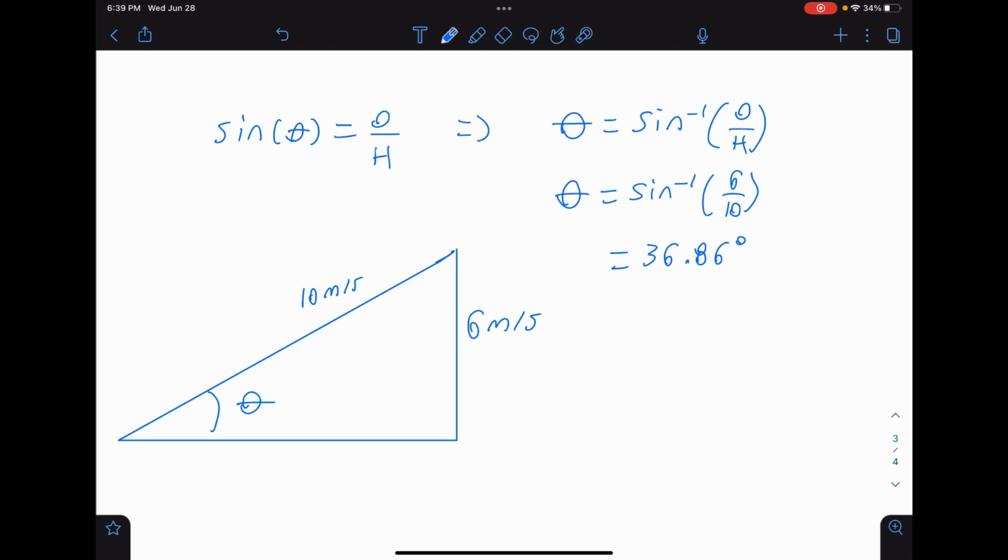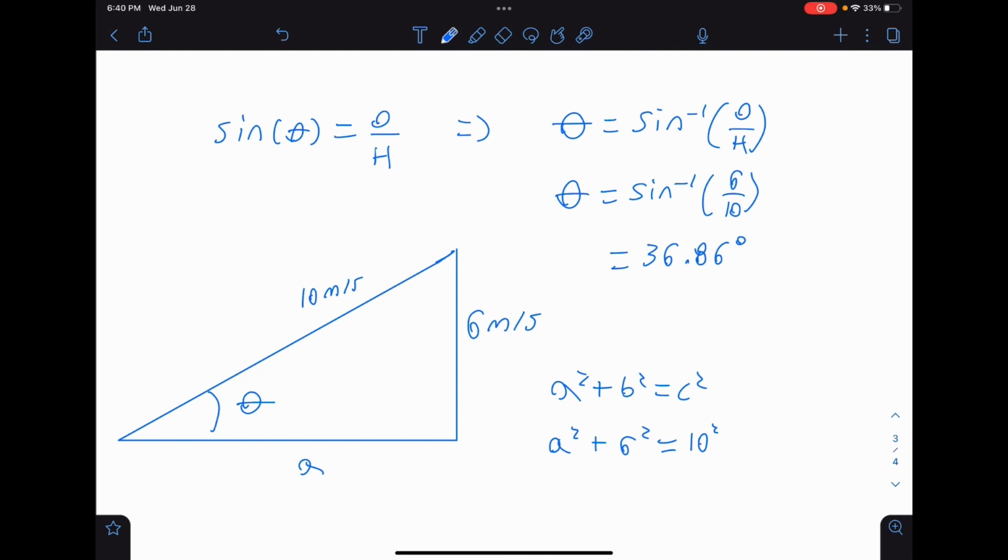If you recall Pythagorean theorem, a squared plus b squared is equal to c squared. So our unknown is a. So we're going to say a squared plus, and then b is our other side length, so 6 squared. And then c, remember, is always the hypotenuse, so 10 squared. And the hypotenuse is the long diagonal of the right angle triangle.